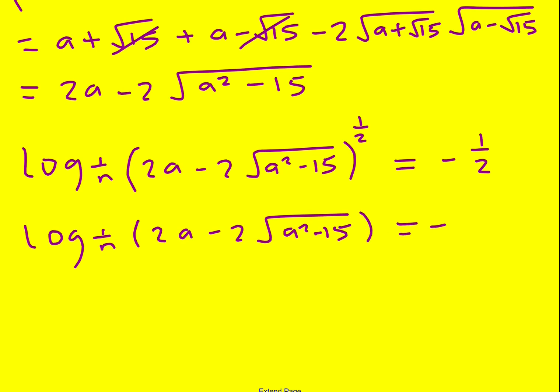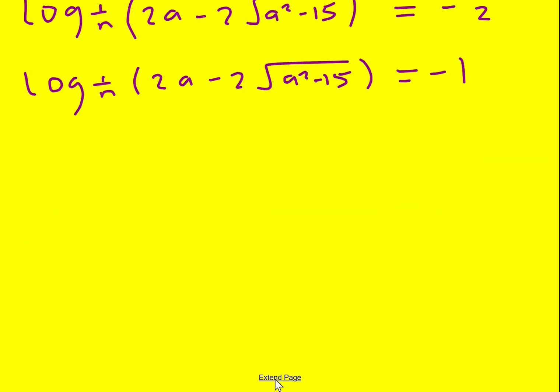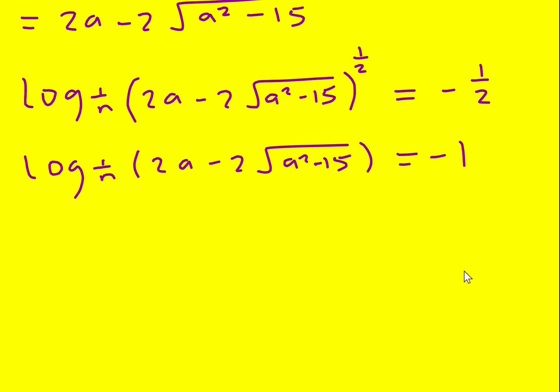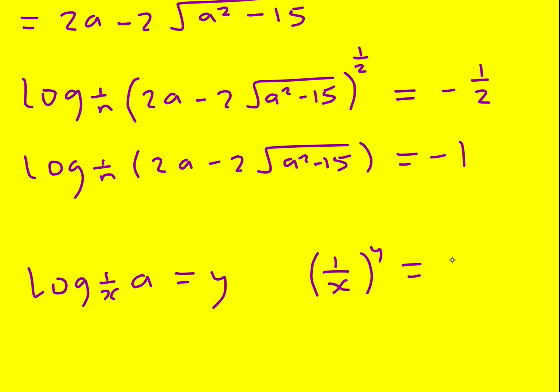So we're going to get minus 1 there. Now here's something to be aware of: if you have log to base 1 over x of a, let's say that's equal to y, then 1 over x to the y would equal a, or x to the minus y would equal a, or x to the y would equal 1 over a.